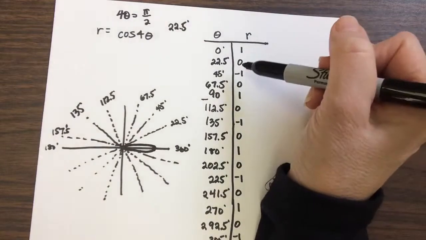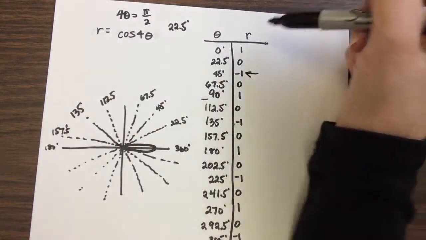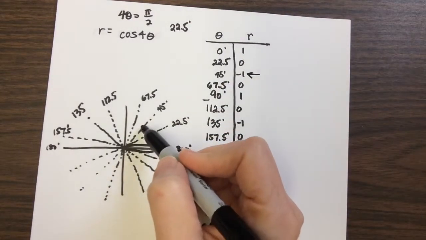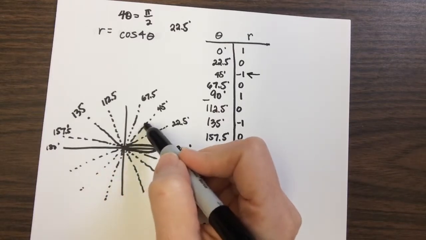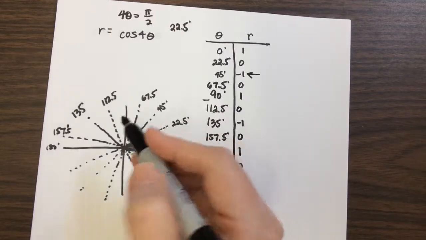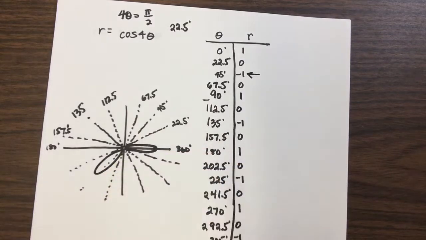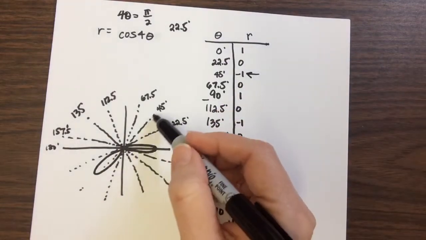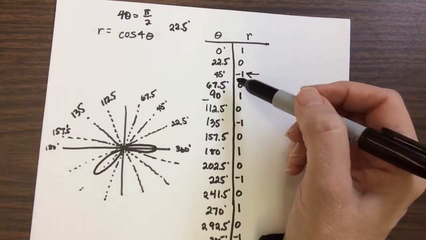Now 45 degrees, pay attention, this is what I want you to make sure. Remember that when our radius was negative, I go to my 45 degrees, and then I go in the opposite direction. So I'm going out to 1 and back to 0. Out 1, because I went to 45 degrees, the opposite direction. I'm going back to 0.